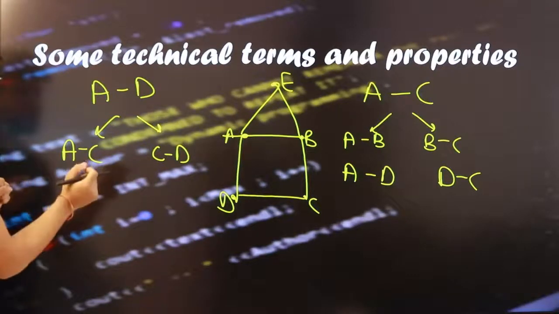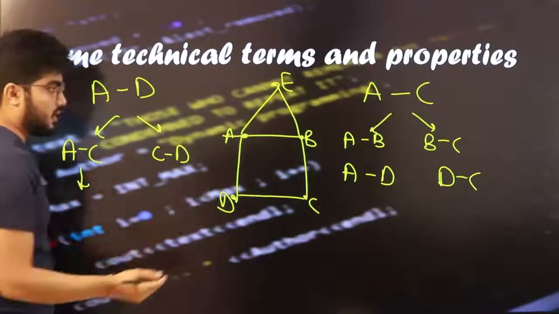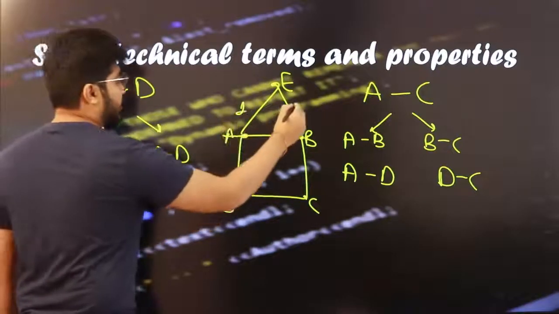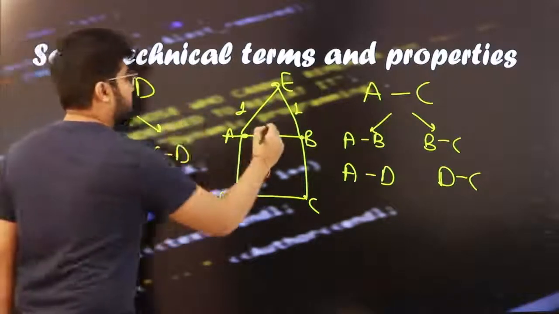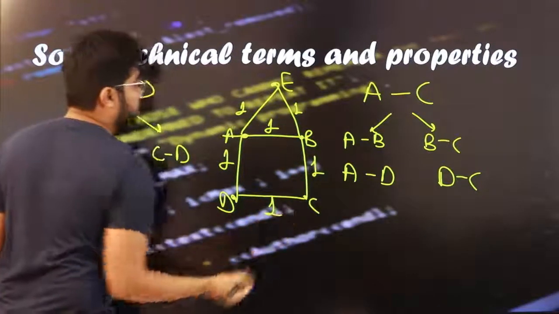Now, friends, when I try to find the answer for A to C, the smallest path, we'll assume the largest path, not smallest, correction. Let's assume that every edge has weight equal to 1.